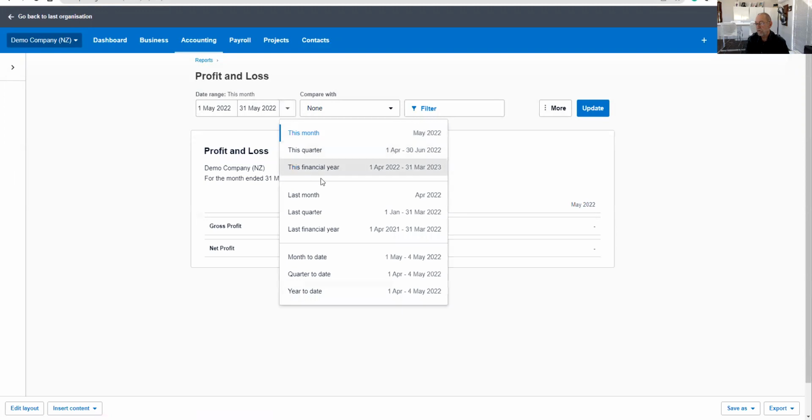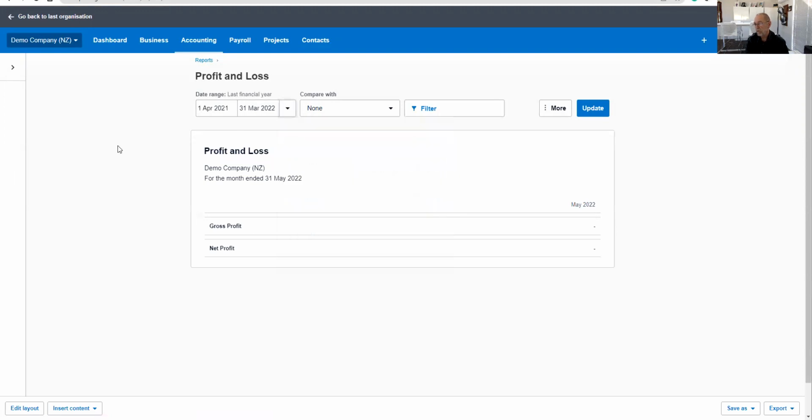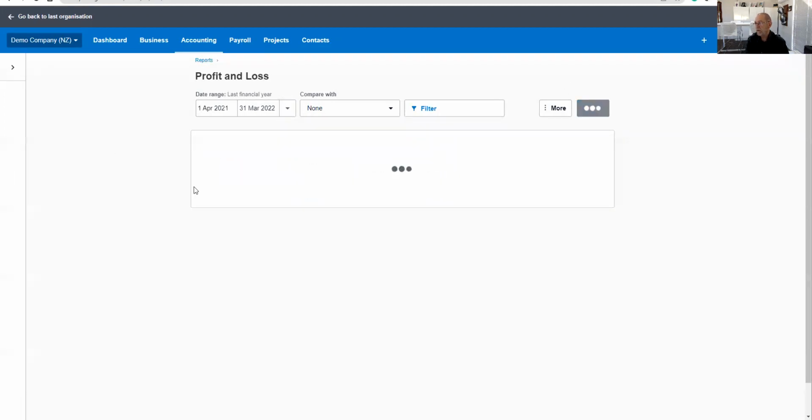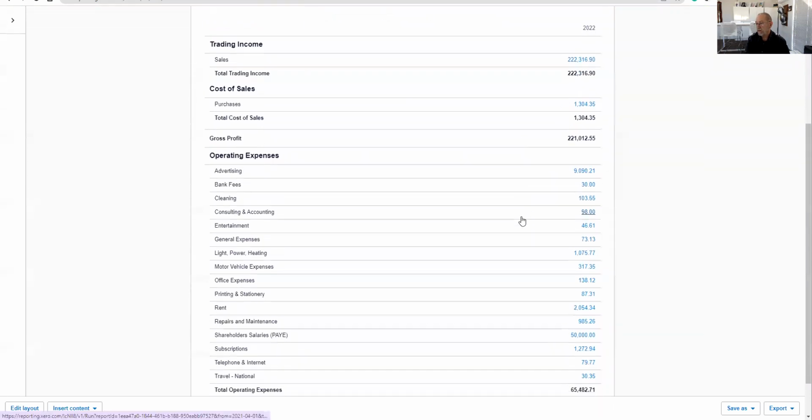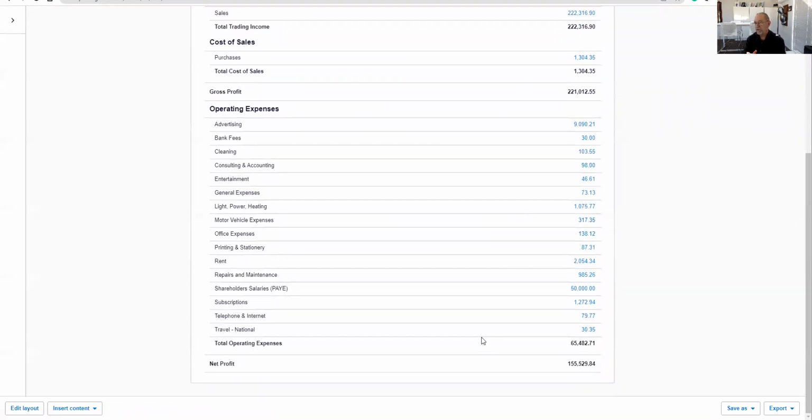I'm going to last financial year, because that's a scenario I sketched here, and that's usually at year end we end up with these questions. So that's end of March 2022, and this is typically the profit and loss report, and it indicates that the company ended up with a net profit of $155,000.